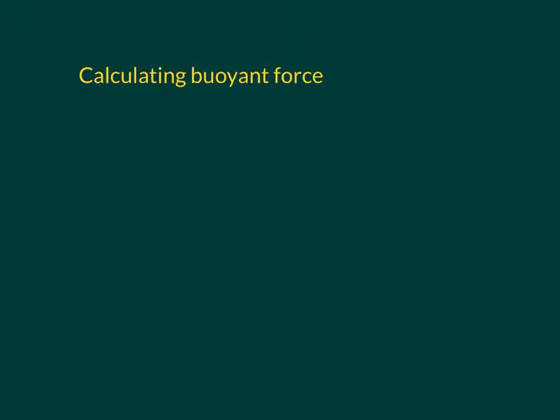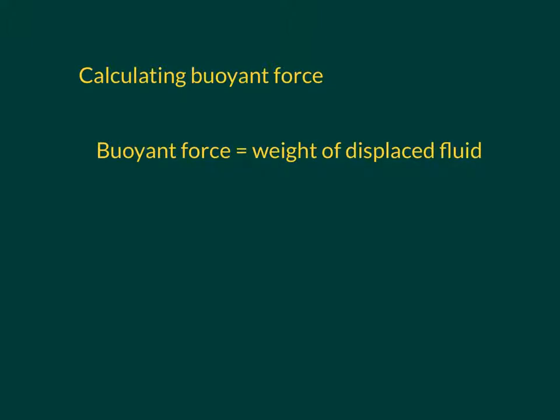Well, it turns out that the buoyant force is the weight of the displaced fluid. Let's say that again. Buoyant force is the weight of the displaced fluid. So how do we find that weight? Remember density from before, density is mass divided by volume.